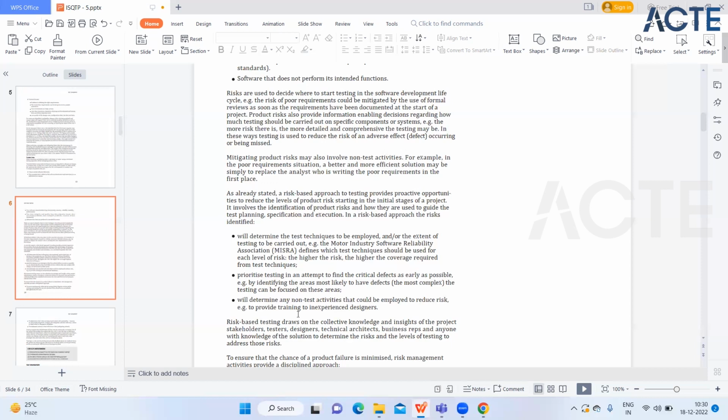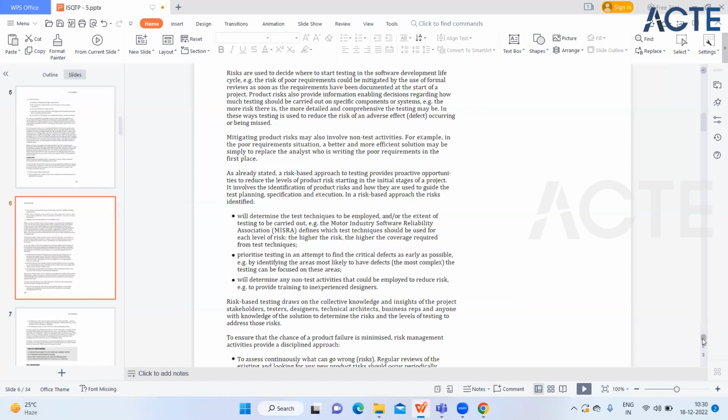If they don't have the proper knowledge or training, just communicate, and only then start your work. Then definitely it will not be a risk when you do your work. So they are just defining what things we can follow to reduce that risk.